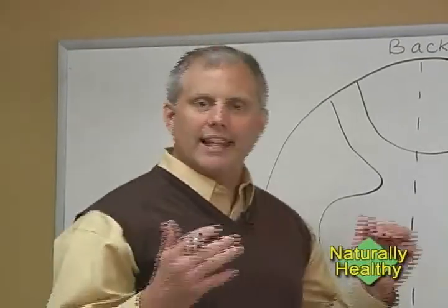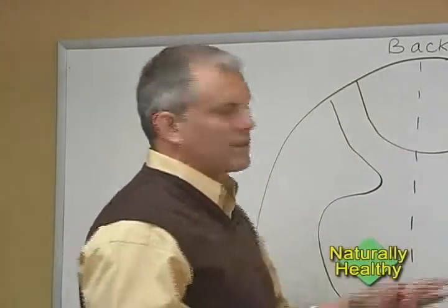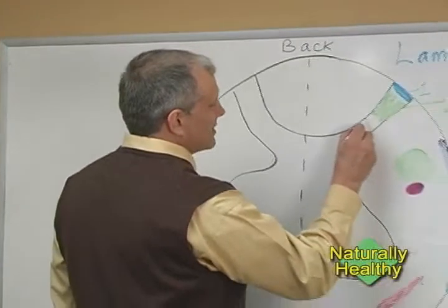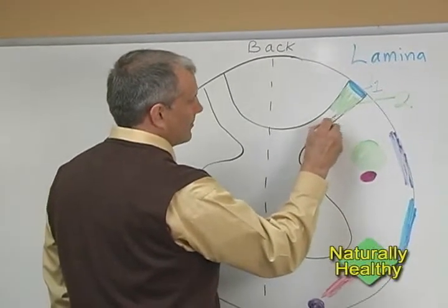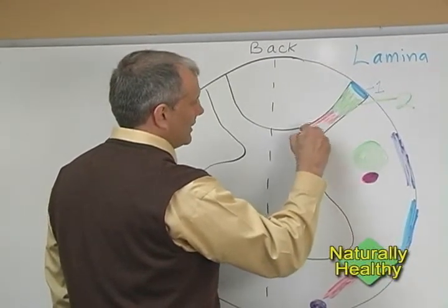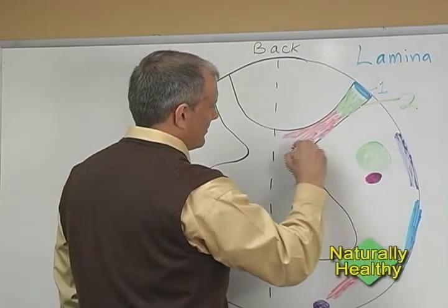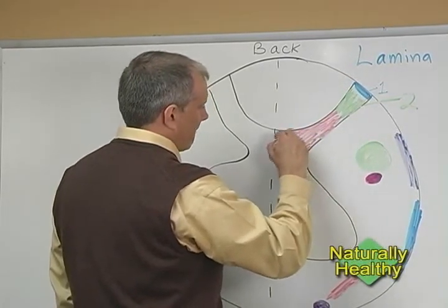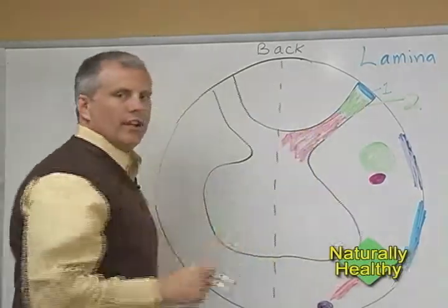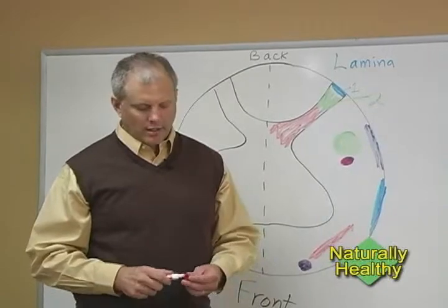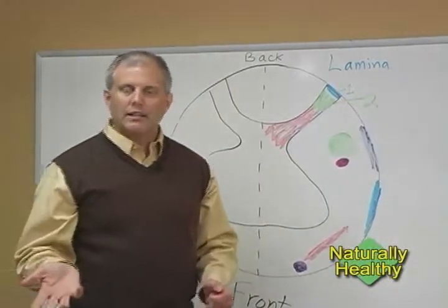Now, there's 10 lamina, there's 10 sections to this gray matter in the spinal cord. And these next 3 through 6, here, and I'll just kind of color this in here. Okay? This area through here really has a lot to do with what we call sensory processing. So sensory means what?